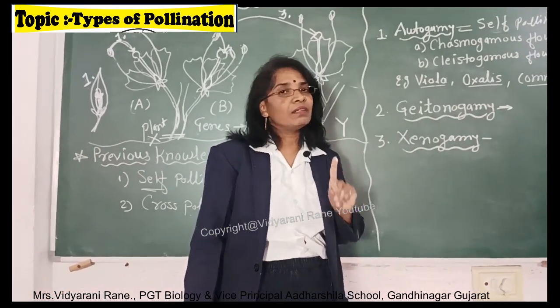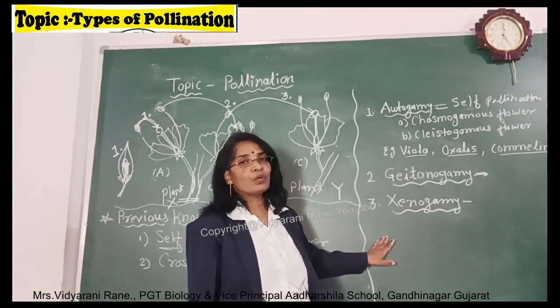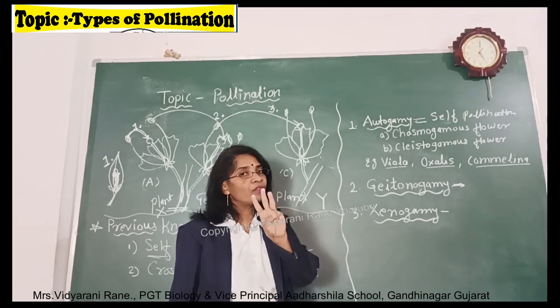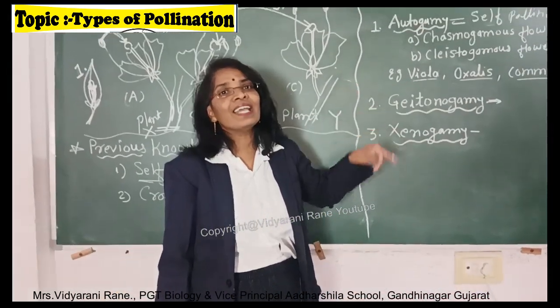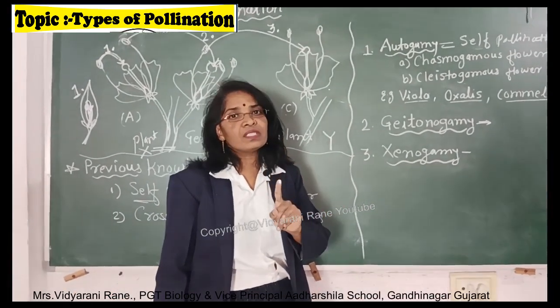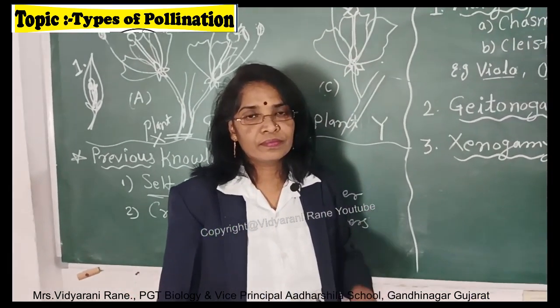So this point is very important. In boards, this also has weightage, a maximum of 3 marks, a minimum of 1 mark. The question will be asked anyhow. If your concept is clear, you will be able to answer. Thank you.